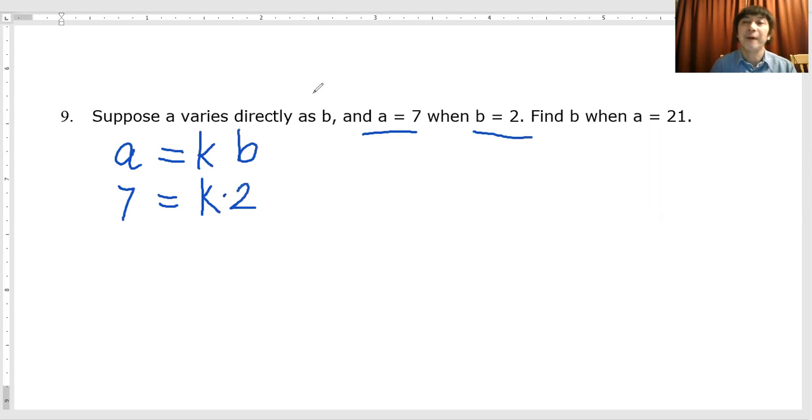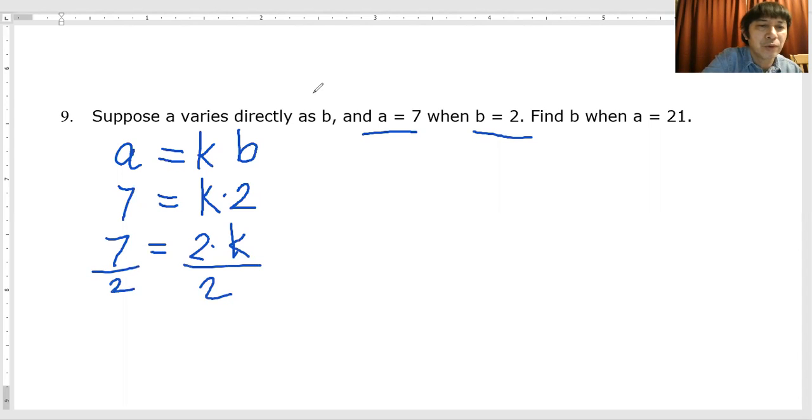It looks like 3.5 or 7 over 2. So let's continue. We're going to have here 7 equals 2k, divide by 2, and k is 7 over 2. So k is equal to 7 over 2.